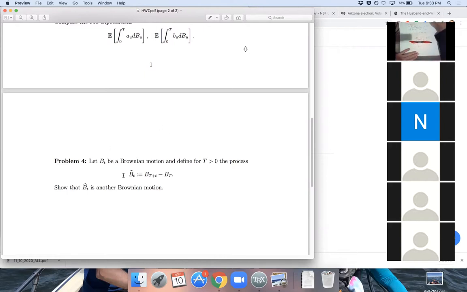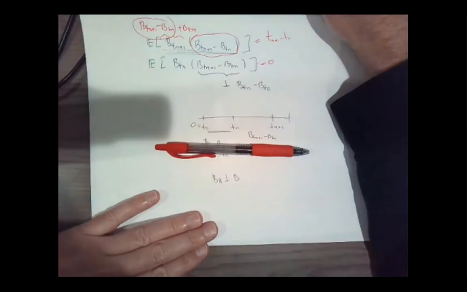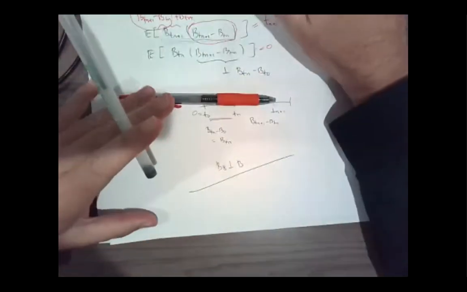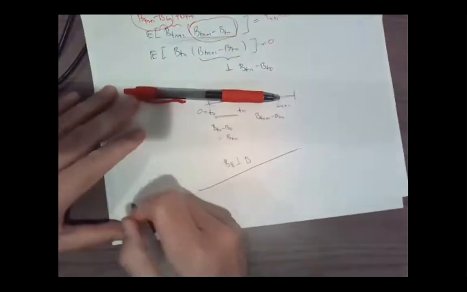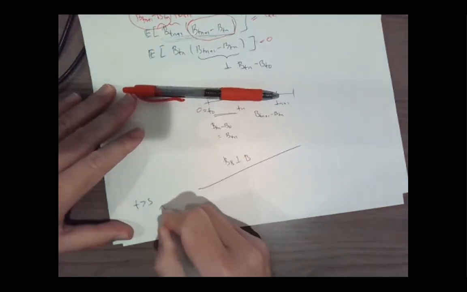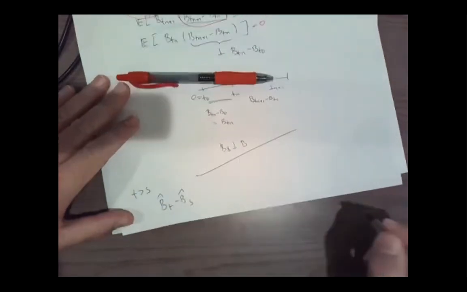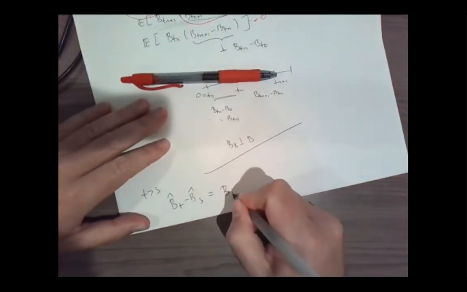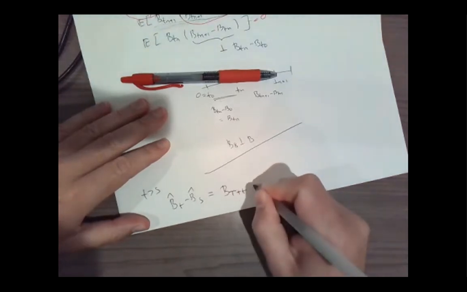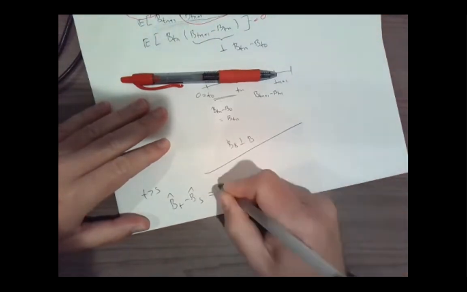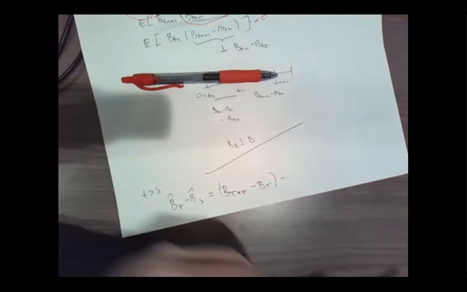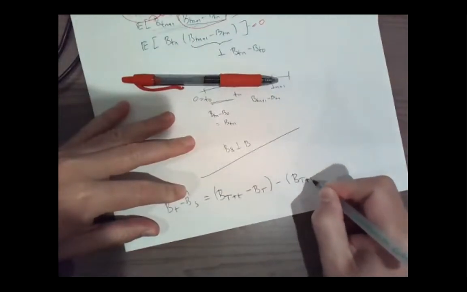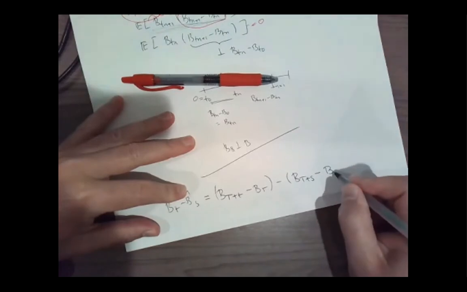Okay, so if t is bigger than s, I'll have b hat t minus b hat s, which is equal to bt plus t minus bt, minus bt plus s minus bt.